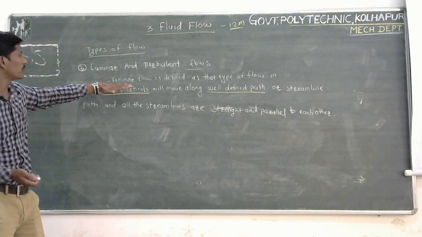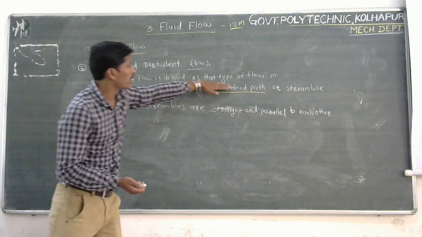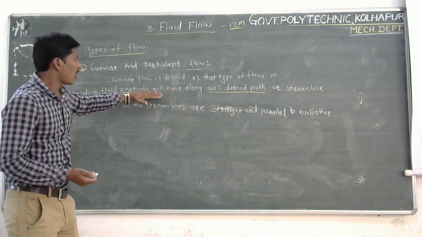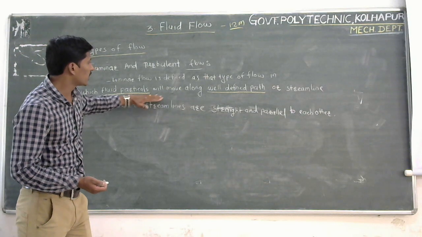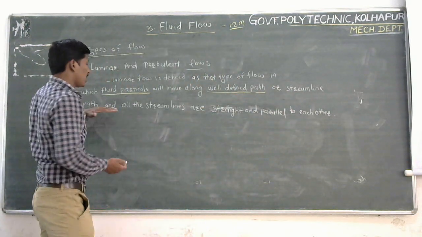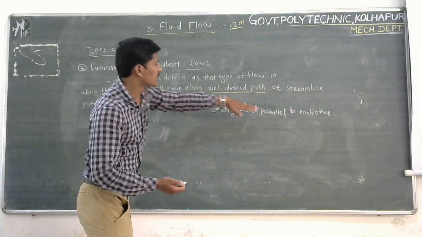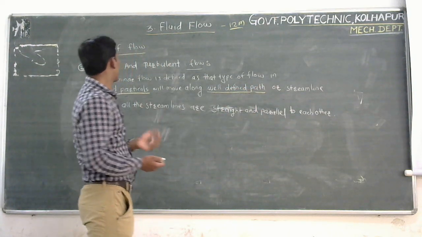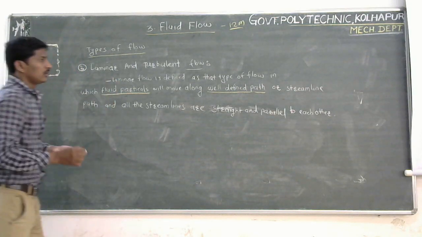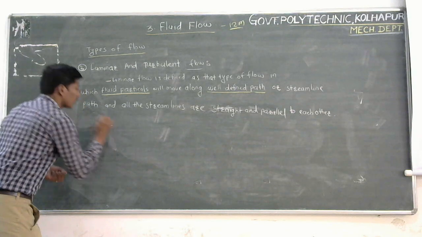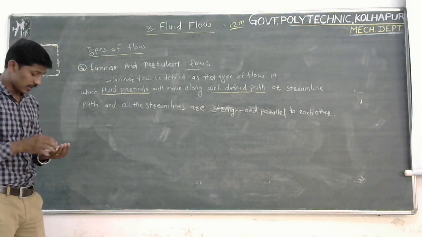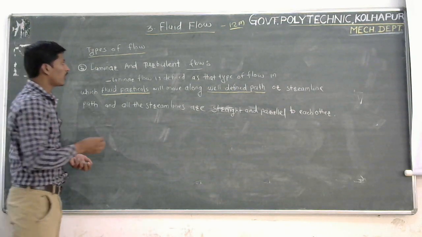Once again, I am going to repeat the definition. Laminar flow is defined as that type of flow in which fluid particles move along a well-defined or streamline path, and all the streamlines must be straight and parallel. Then it is called laminar flow. So what does it mean?